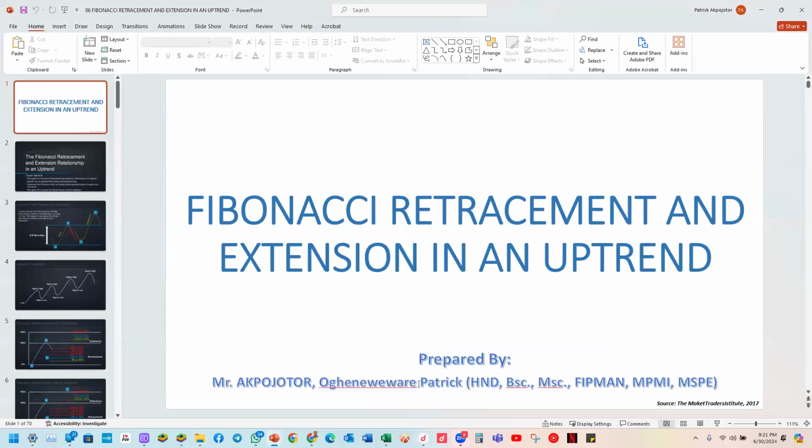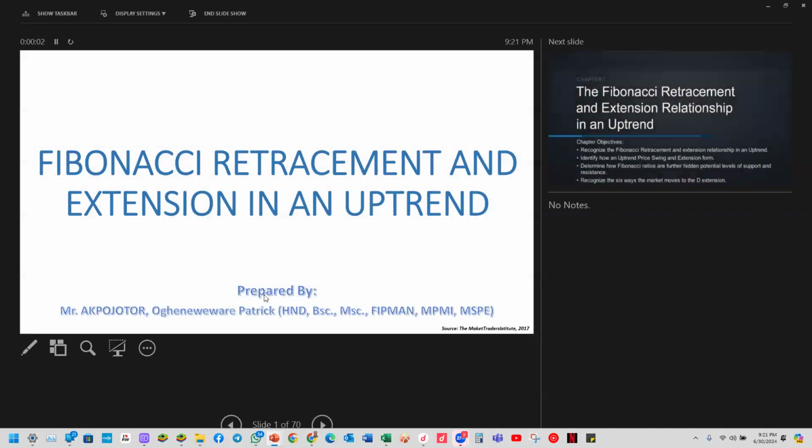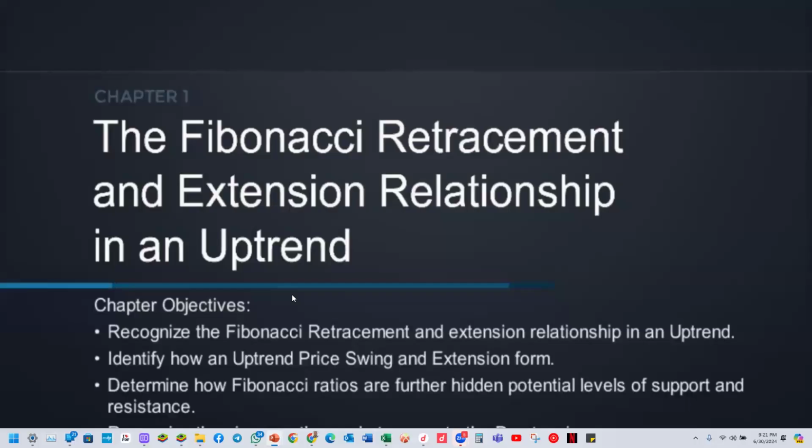which is Fibonacci retracement and extension in an uptrend. In an uptrend, we say the market is creating what we call higher highs and higher lows. The market moves by creating higher highs and higher lows. Now, we already talked about Fibonacci, right?